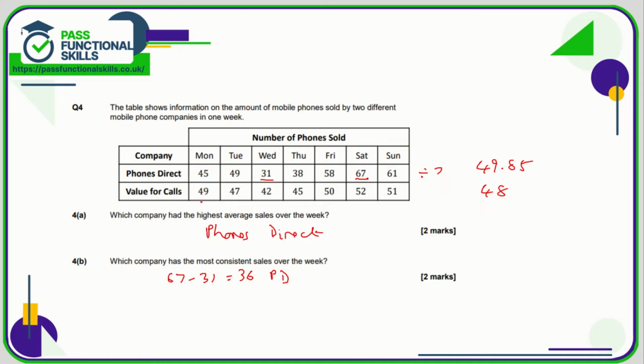Whereas value for calls, 52. What's the lowest? Anything lower than 42, that is a range of 10. So as you can see, value for calls is more consistent because there's a smaller difference between their best day and their worst day. So value for calls.